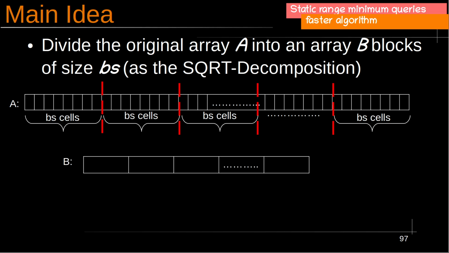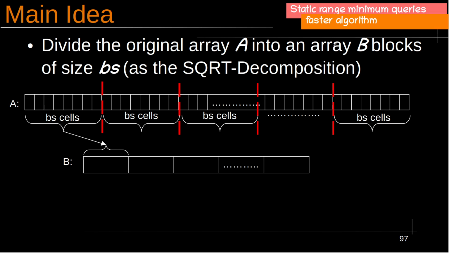And build our array B from these blocks, which means we have to compute F of all these cells. F could be the minimum, max, GCD. Don't forget, this technique, also because we're going to use the sparse table later, works only for idempotent functions.